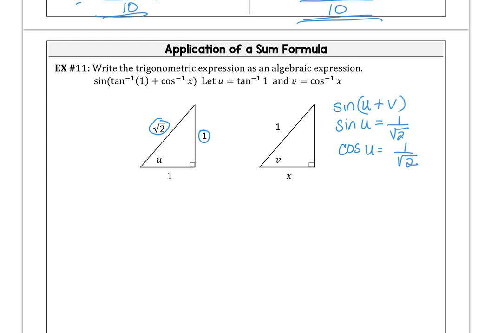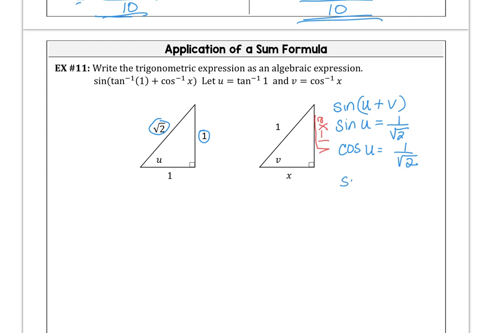Then for this second triangle, V, I need the length of this side. So that's going to be 1 squared minus x squared under a radical. So we've got this side is the square root of 1 minus x squared. I'm using Pythagorean theorem for that.